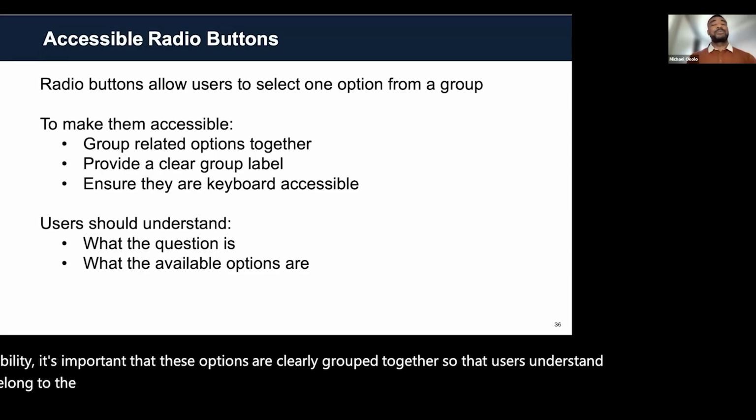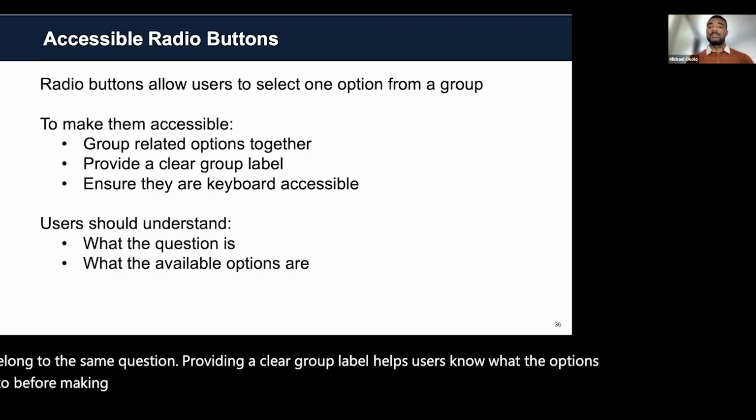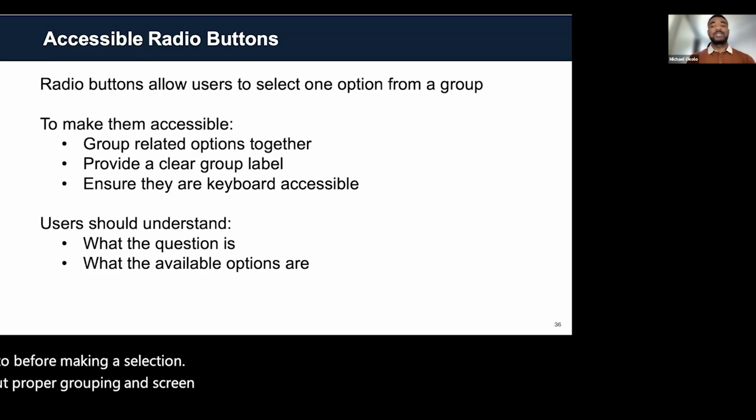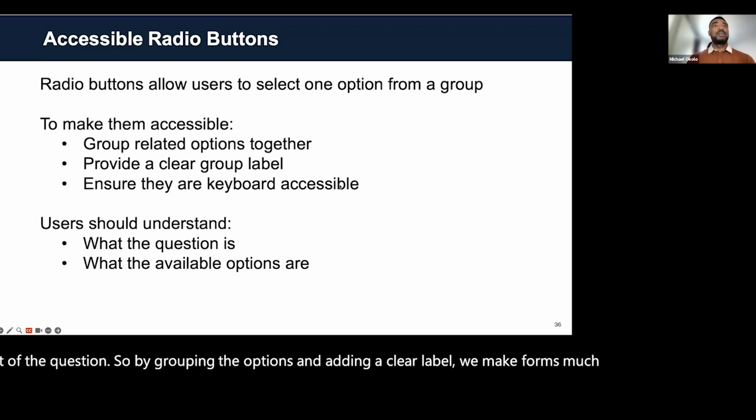Providing a clear group label helps users know what the options relate to before making a selection. Without proper grouping, screen reader users may hear the options but not understand the context of the question. So by grouping the options and adding a clear label, we make forms much easier to understand, as we will see shortly.